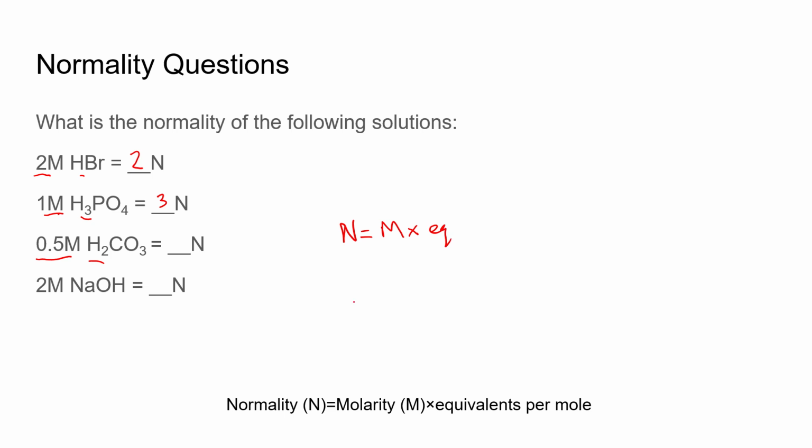We were given 0.5 for the molarity, and there's 2 equivalents. So 0.5 times 2 gives us 1. Then we have this over here. There's only 1 equivalent, so since there's 1 equivalent, 2 molar is 2 normal.